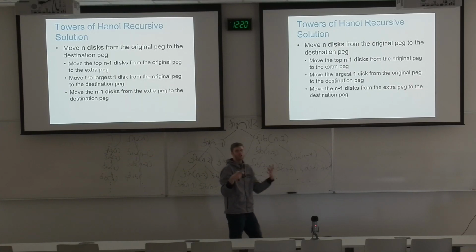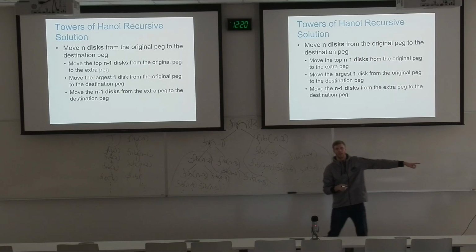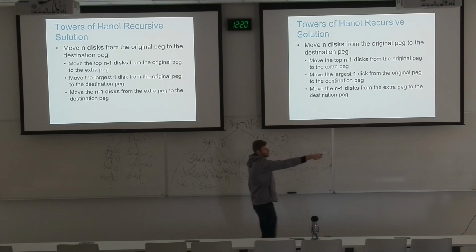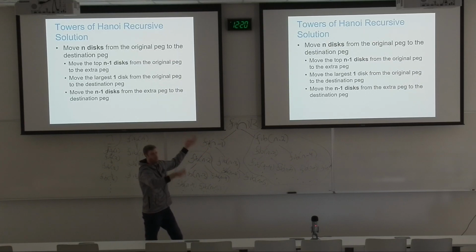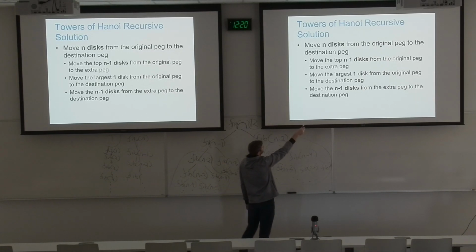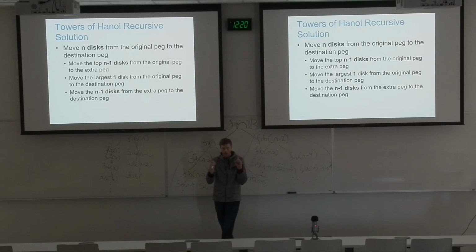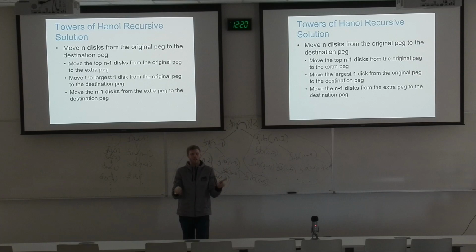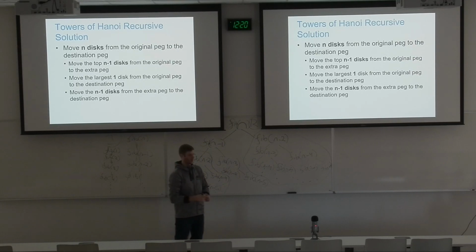And how many function calls are there per function? If I call this algorithm, how many new function calls are there? Well, move the top n minus 1, move the n minus 1 disks again. There's 2 recursive calls. And how many layers are there? It's going to be like n. So this is another 2 to the n situation.